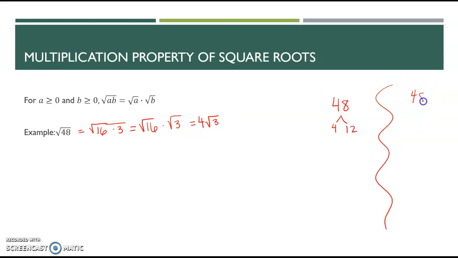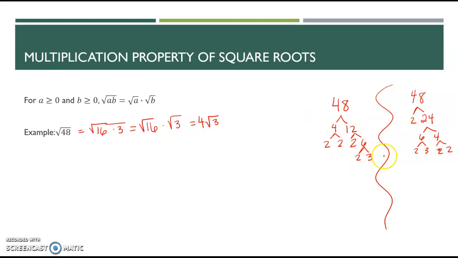Maybe you didn't know 4 went into 48 and you knew that 2 went into 48 24 times, right? And then we just keep bringing it down until we're just prime factors. So 4 becomes 2 and 2, 12 becomes 2 and 6, 6 becomes 2 and 3. Or if I'm over here, 24 is, maybe you come up with 6 and 4, 6 is 2 and 3, and 4 is 2 and 2, right?